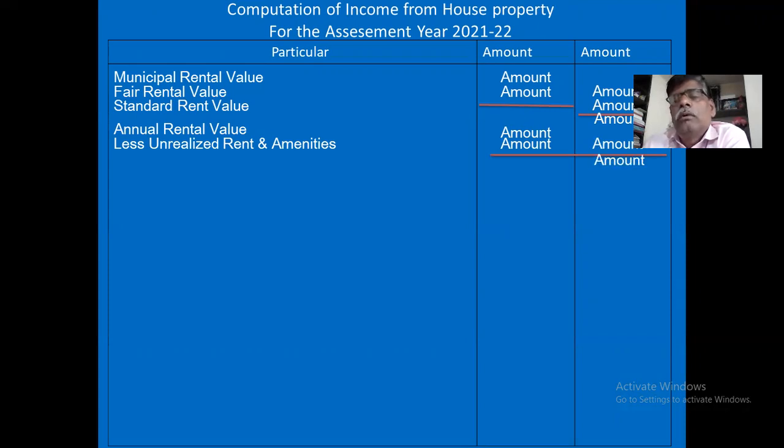Compare in the outer column and whatever amount comes, this amount is called gross annual value. Remember this point.